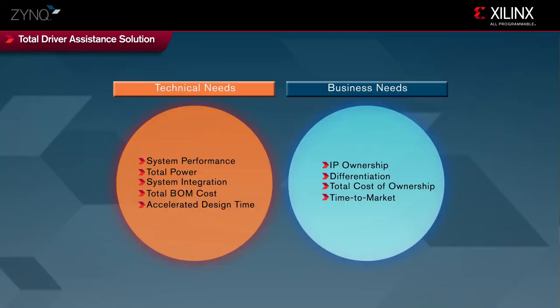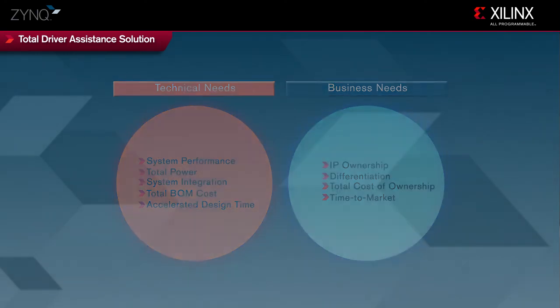While Zynq offers a superior overall technical solution, that's still not the whole story. On the business side, Zynq puts OEM suppliers in full control, with the ability to leverage third-party software and IP while tailoring their products with a level of proprietary content that matches their particular competitive needs.